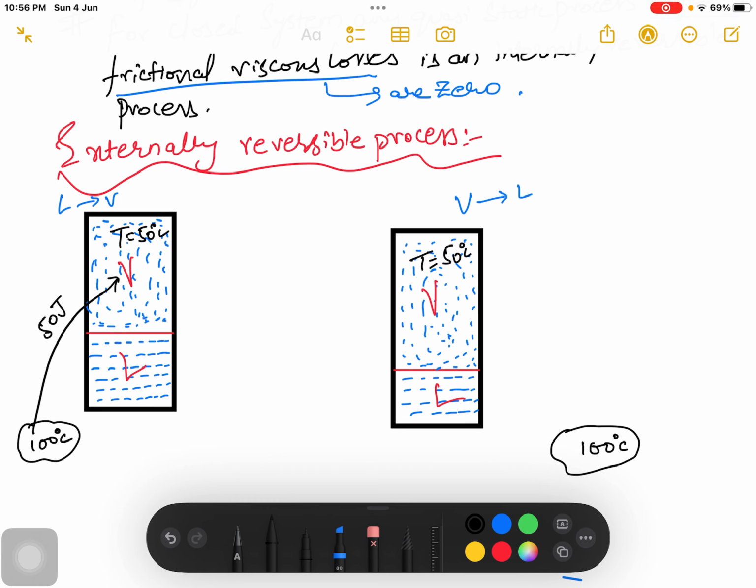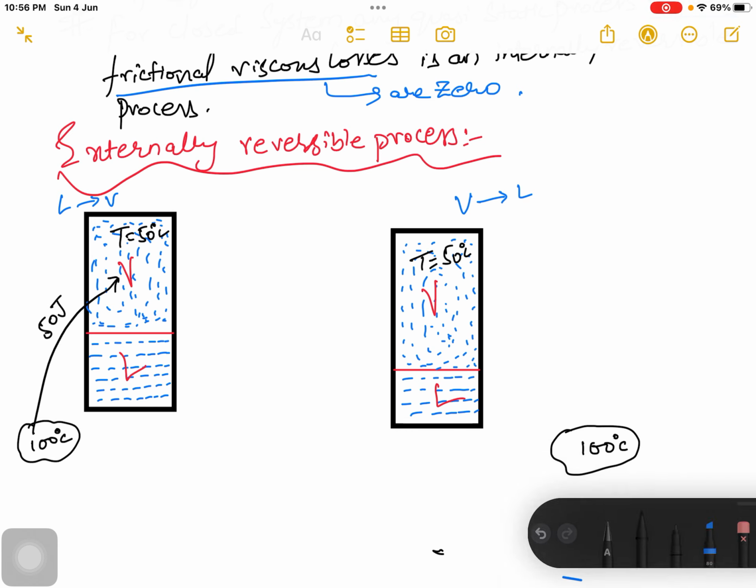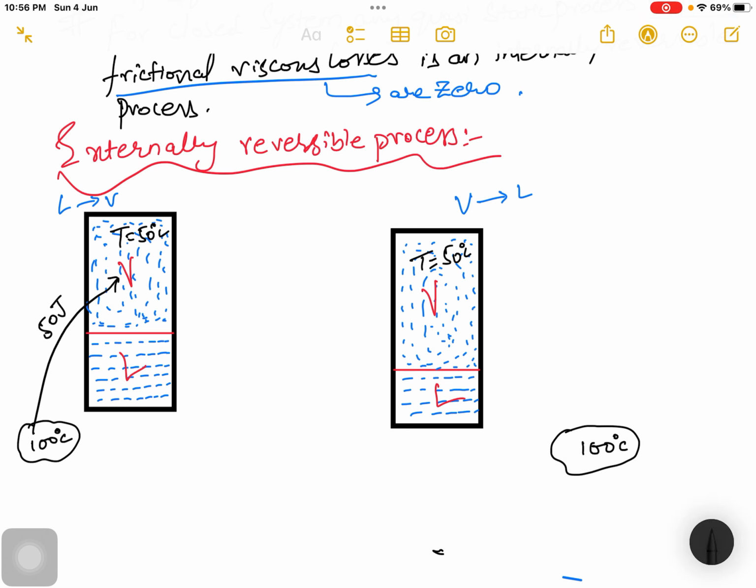So to remove this heat, I have to connect a device called refrigerator.